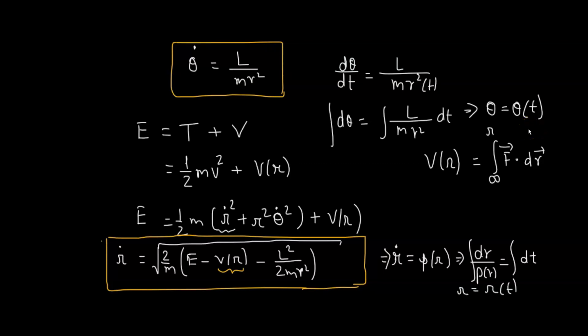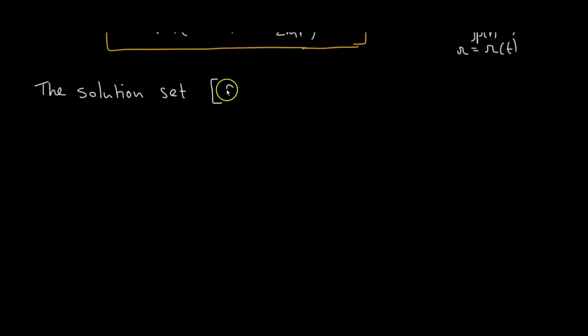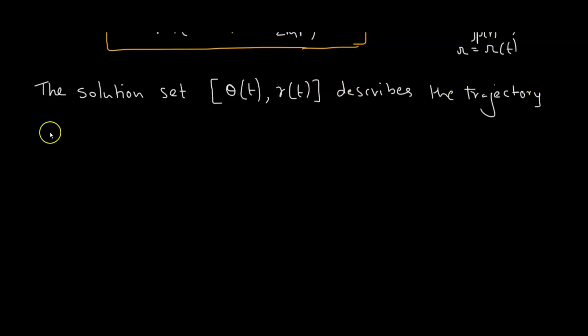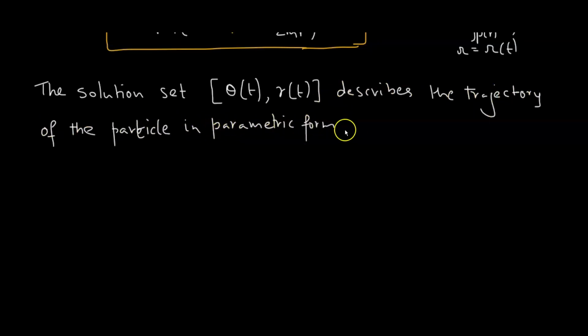So once we have the values of theta of t and r of t, we have the solution set, theta as a function of time t and the radius as a function of time t. This is going to describe the trajectory of the particle in parametric form, where time t is the parameter.